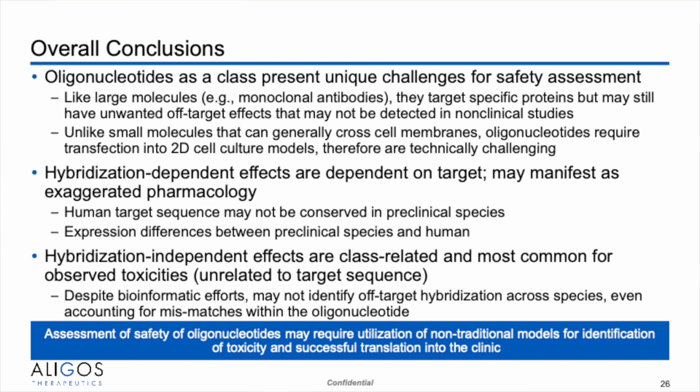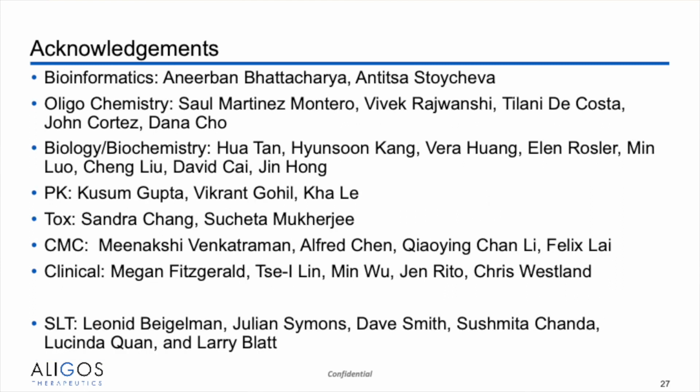So the assessment of these oligonucleotides really might require utilization of some of these non-traditional models to identify any toxicity and successfully get into the clinic. Of course, I just want to thank everybody at Oligos who's done all of this work, and thank you for your attention today.